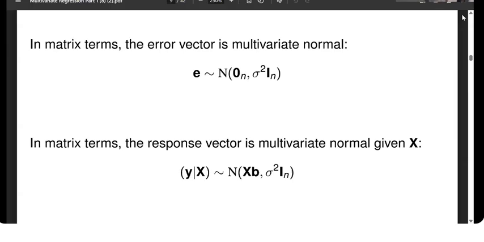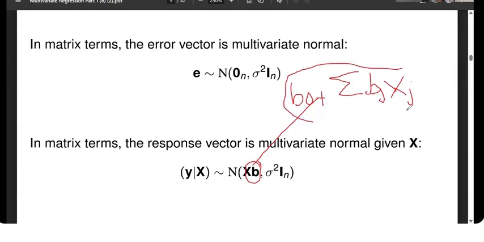But I'm trying to state the assumptions again when the model is now in matrix form. When the model is in matrix form, that is going to be the distribution of the error. If you take a look at what I have here, it is the one representing this. You remember the other time when I said beta naught plus beta j, x j. This is just the scalar form of that.